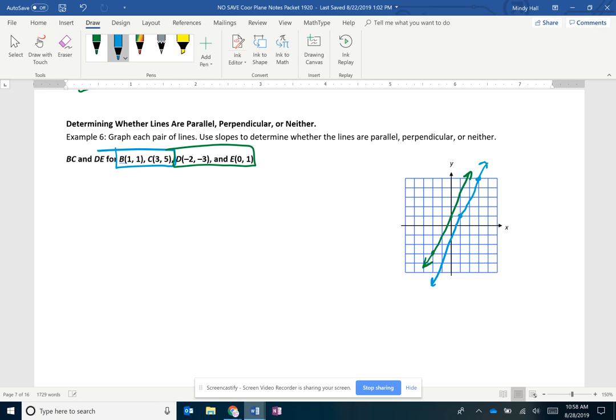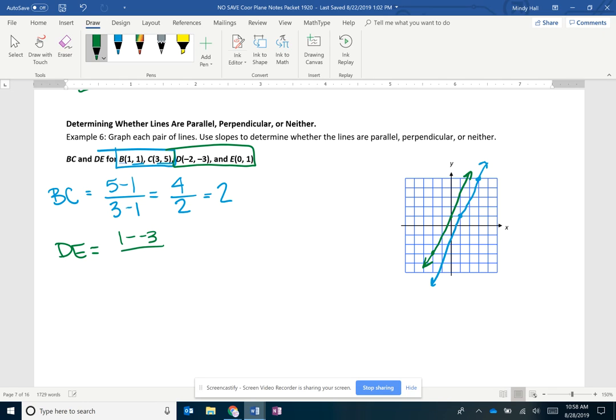So starting with BC, we would have 5 minus 1 over 3 minus 1. 5 minus 1 gives us 4, and 3 minus 1 gives us 2, which simplifies to just 2. And then for DE, we'd have 1 minus -3 over 0 minus -2.